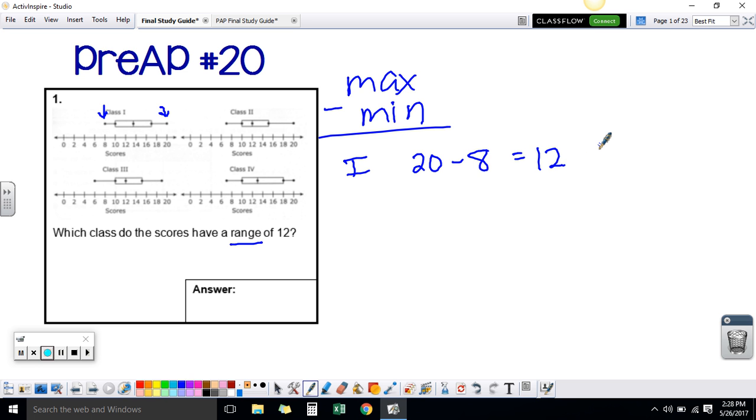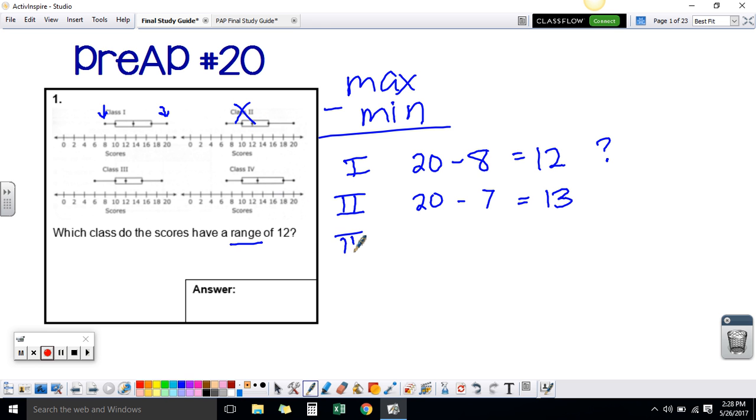Okay, so a lot of you guys will do a question mark because you're going to be awesome students and you're going to check classes 2, 3, and 4. Class 2 has a maximum of 20 and a minimum of looks like 7 because that dot is in between 6 and 8, so our range is going to be 13, which is not what we're looking for.